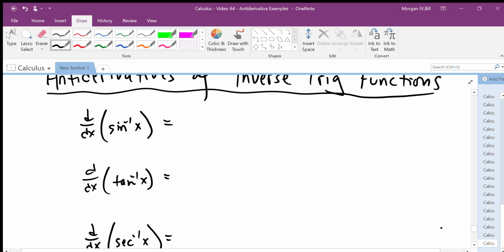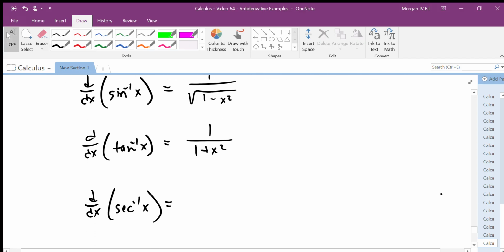The derivative of inverse sine of x is 1 over square root 1 minus x squared. The derivative of inverse tangent of x is 1 over 1 plus x squared. And the derivative of inverse secant of x is 1 over x square root x squared minus 1, with the x an absolute value.